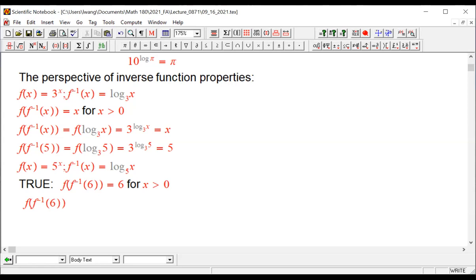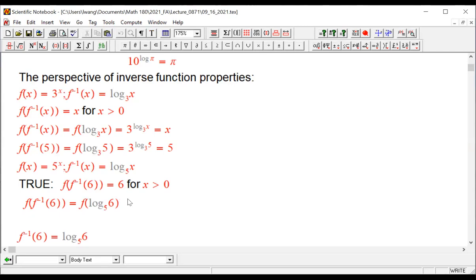We know that this is going to be equal to 6. But what is f inverse of 6? This is f inverse. When the input is 6, f inverse of 6 is log base 5 of 6.